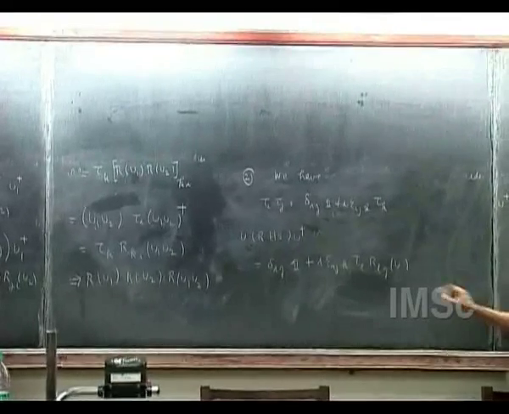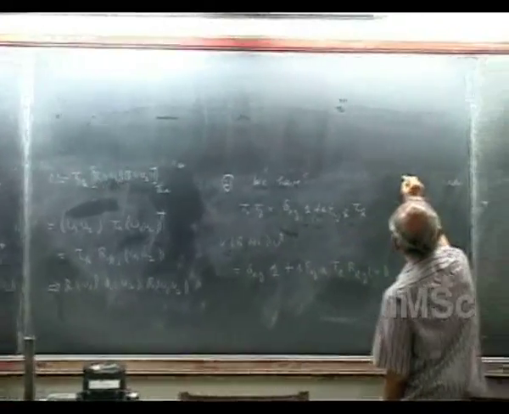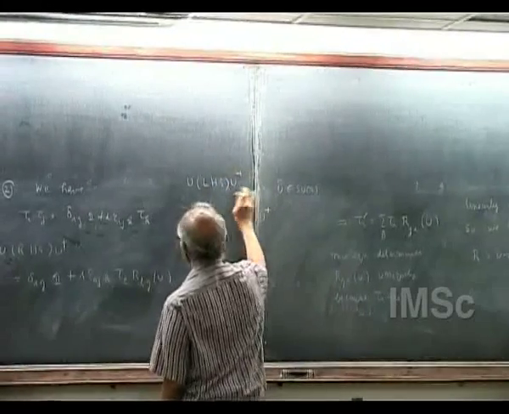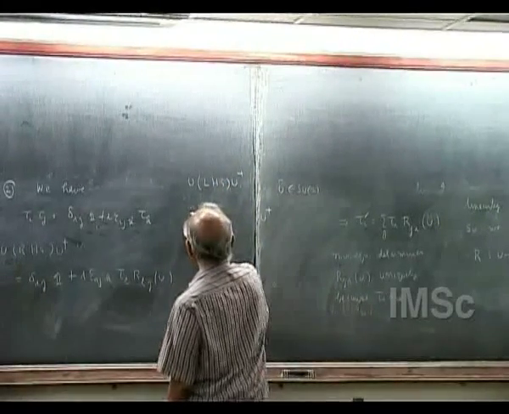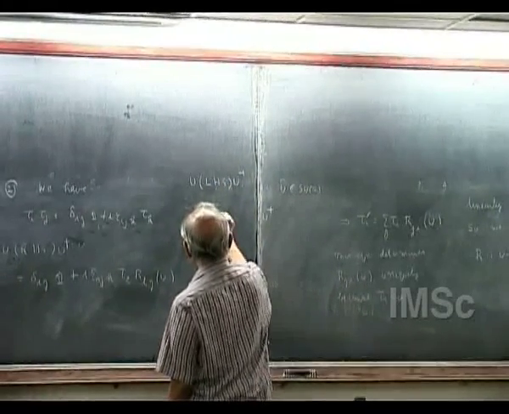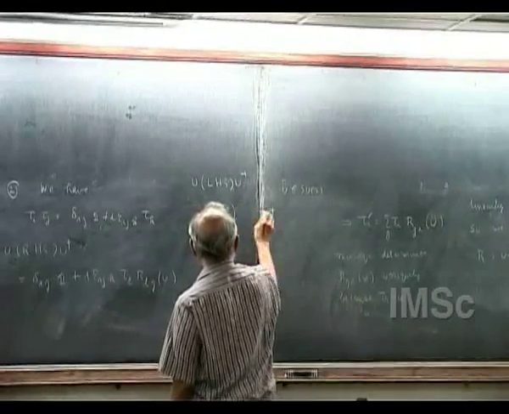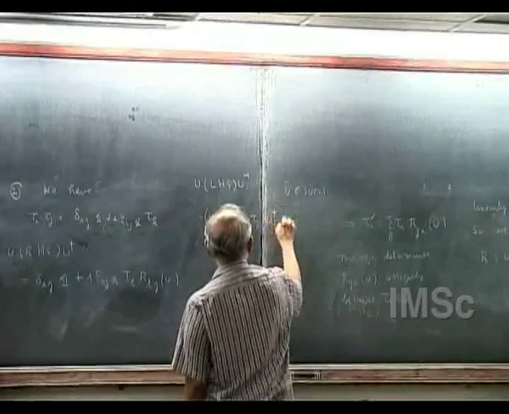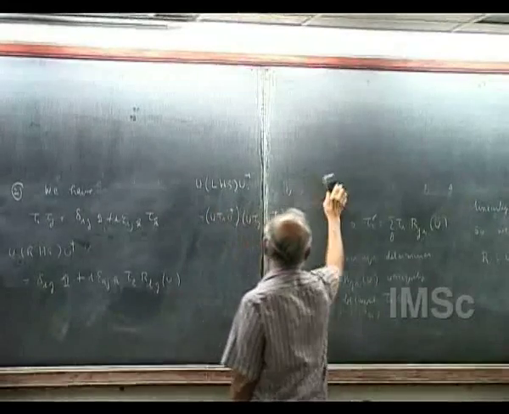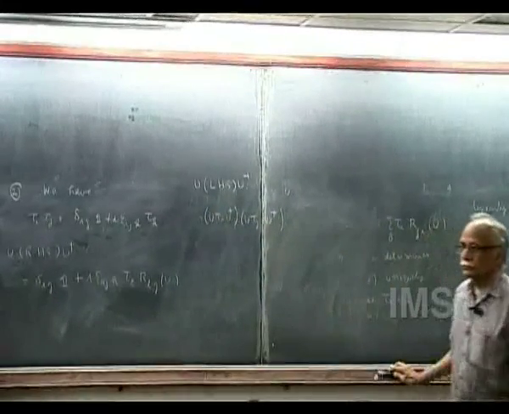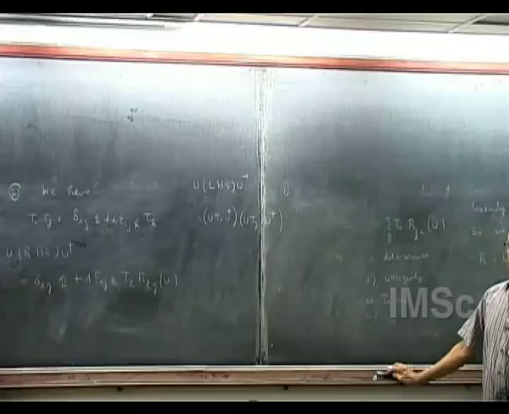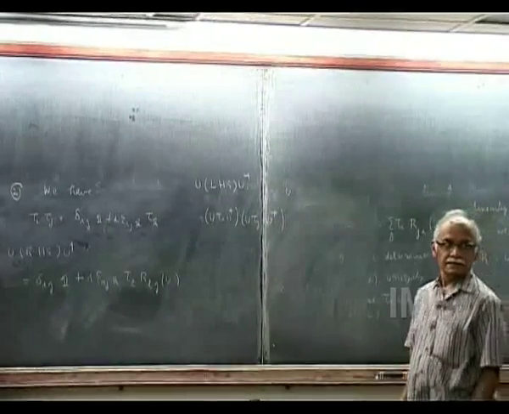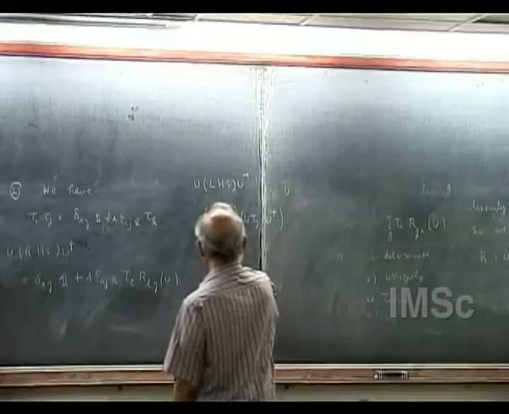But this is also u left-hand side u dagger. So what I will do is u tau i u dagger, u tau j u dagger. So I am going to get some quadratic relation in R's, which is good. Let us work it out.